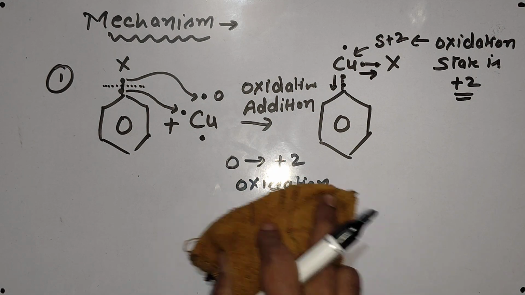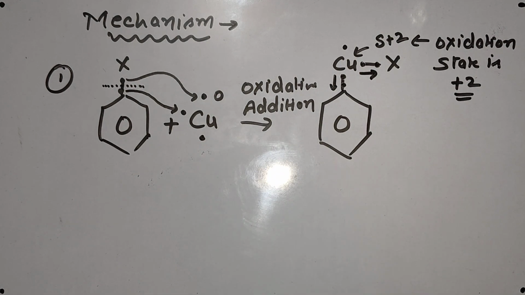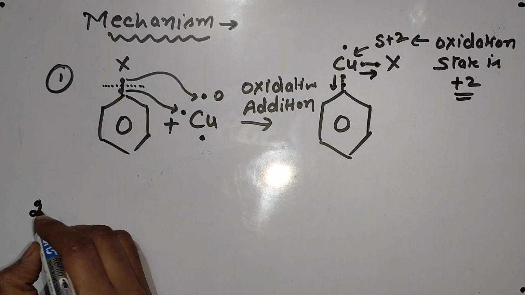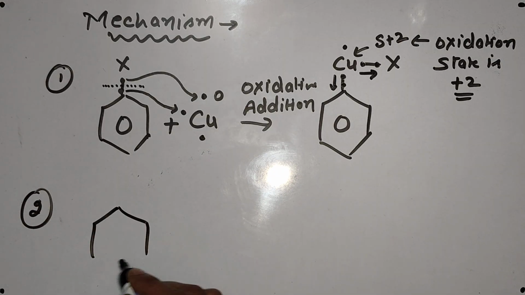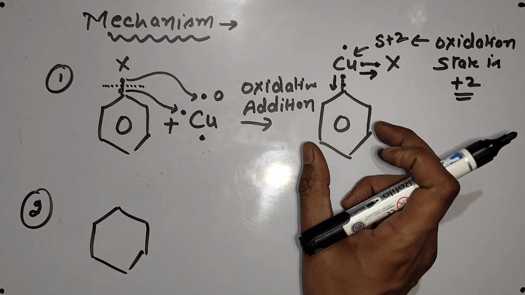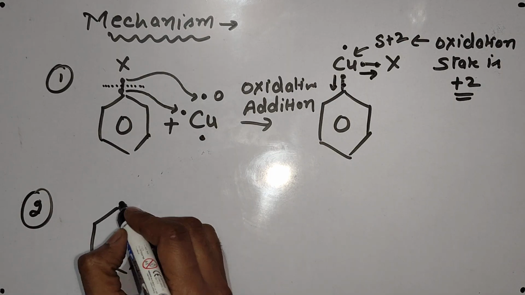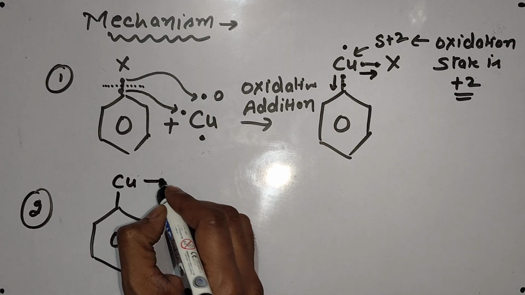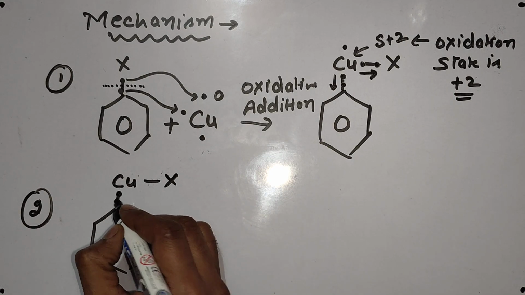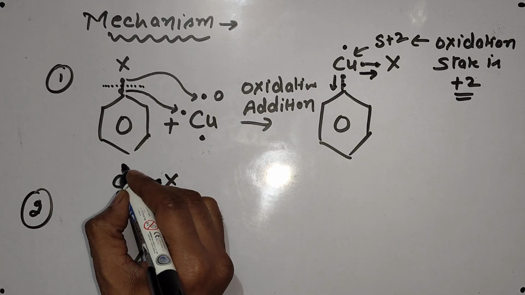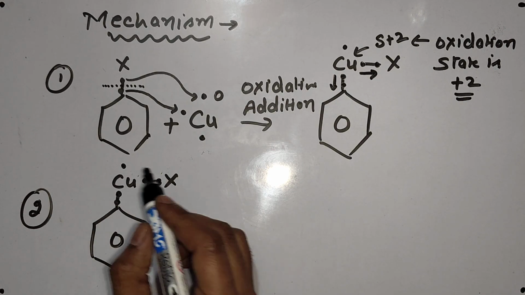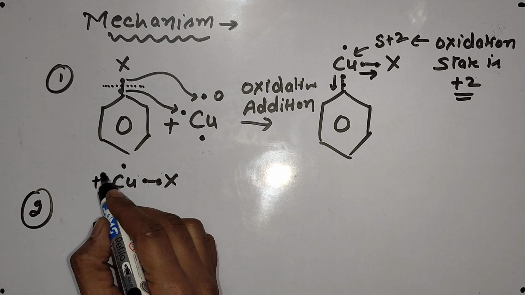Now second step. This is the intermediate which we got. Oxidation state is +2.